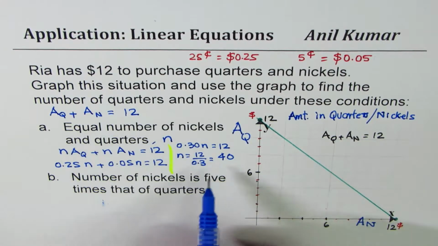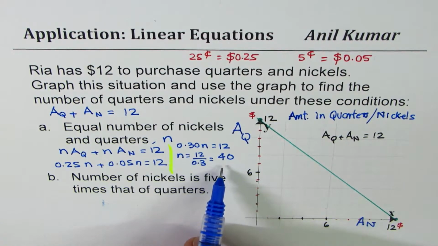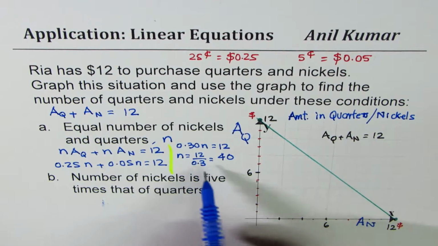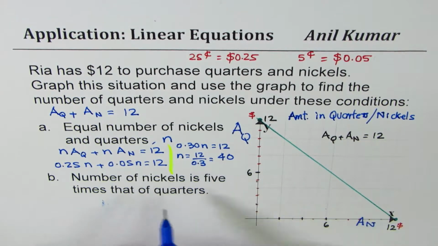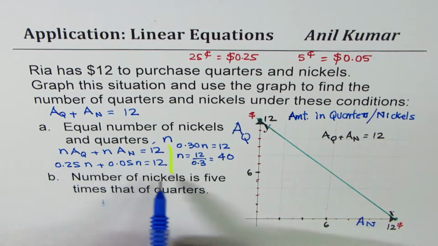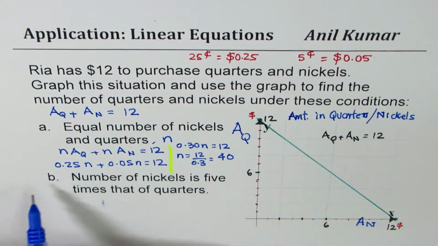So for part A, we get 40 nickels and 40 quarters. You can always find the amount now. So in part A, we got 40 nickels and 40 quarters. So what is the value? If I substitute 40 here, we can calculate, correct?